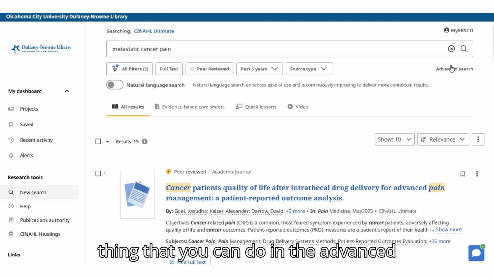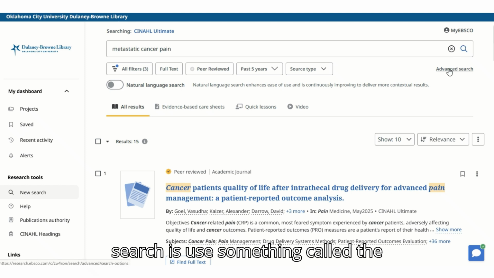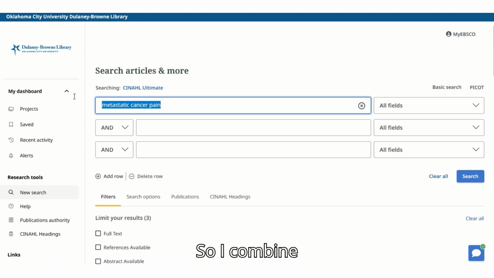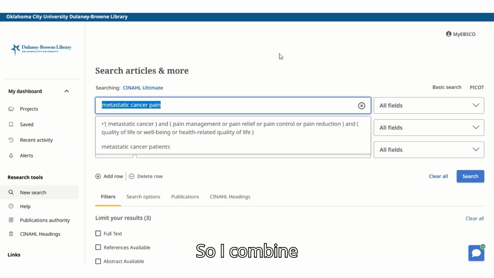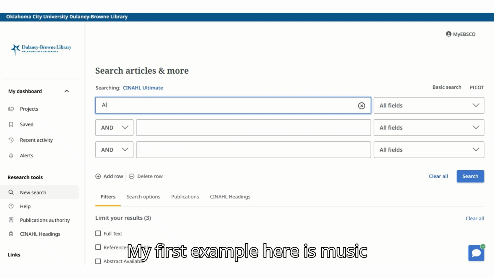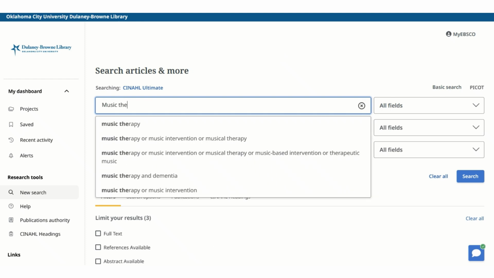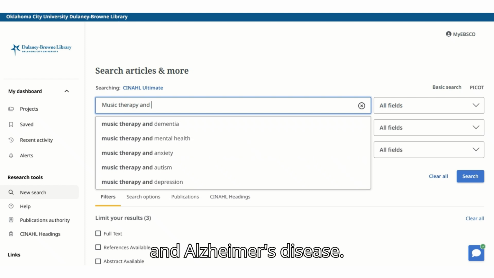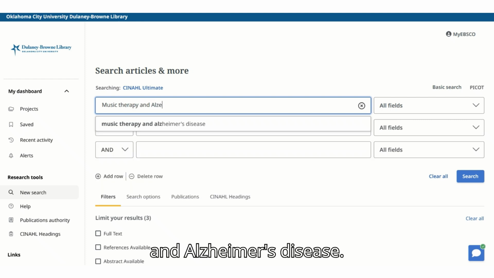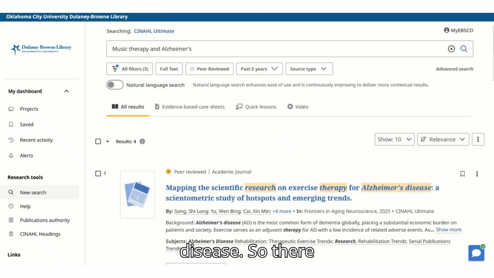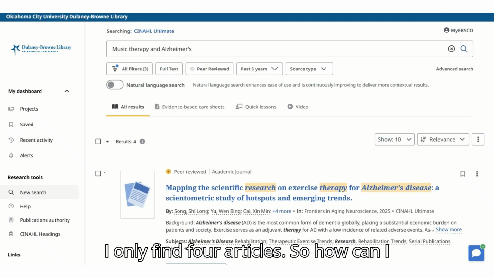Another thing that you can do in the advanced search is use something called the Boolean operator OR. So I can combine concepts. My first example here is music therapy and Alzheimer's disease. Use what I did before and not put in the disease. So there I only find 4 articles.